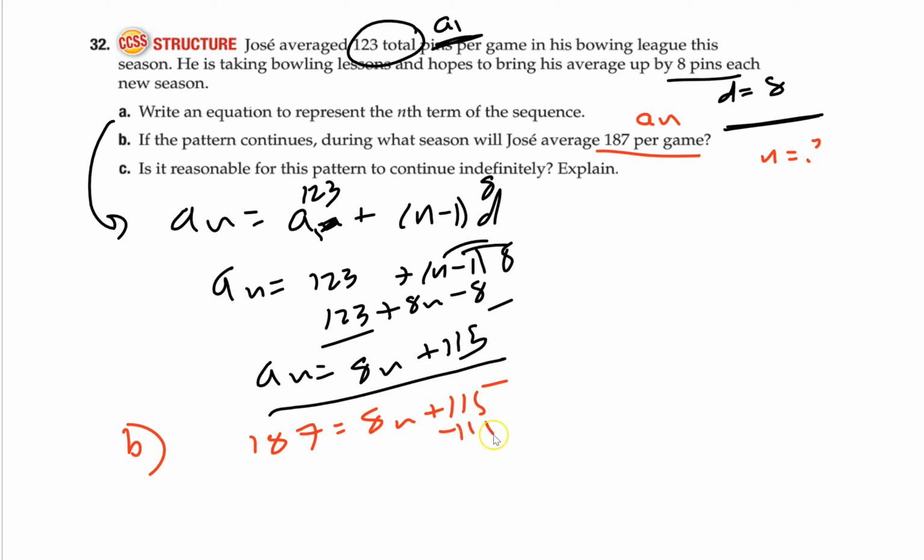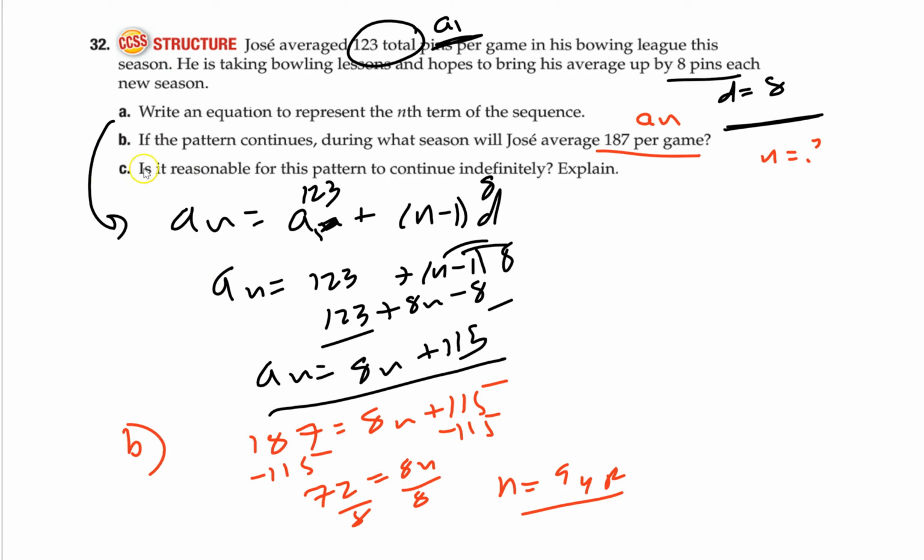Subtract 115. I get 72 equals 8N. Divide by 8. It looks like it's going to be 9 years until he gets to an average of 187 per game. Slow and steady. Slow and steady, Jose. You get there. Slow and steady. Tortoise in the race, not the hare.